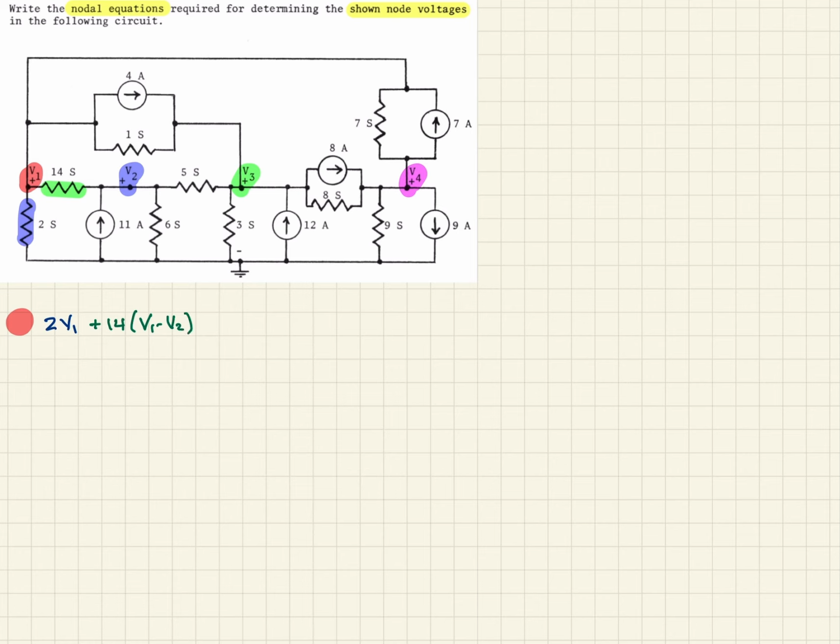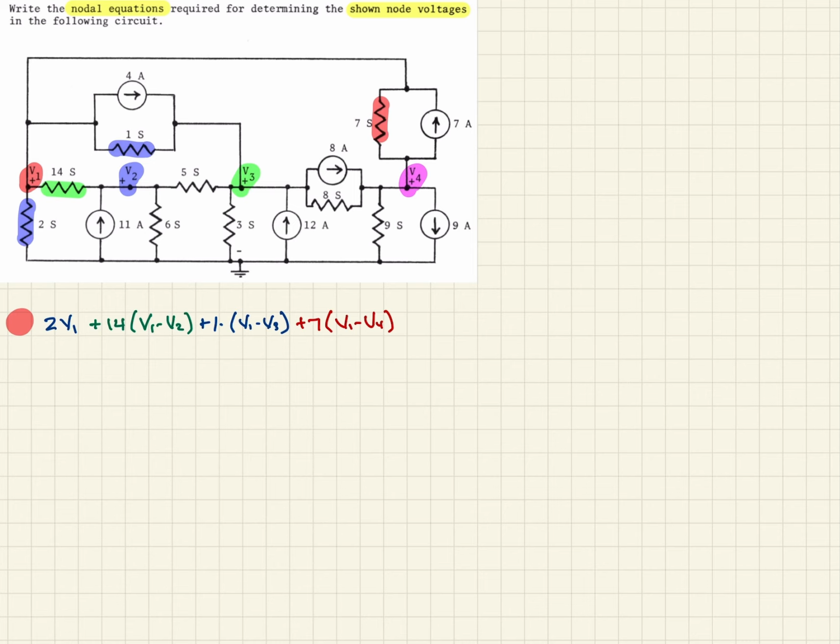Again, we're just going to get all the resistances first. So next, we will come around to this guy, and so that one is going to be 1 times the difference in V1 minus V3. And then finally, we have the 7 Siemens component, and that one is going to be 7 times V1 minus V4.